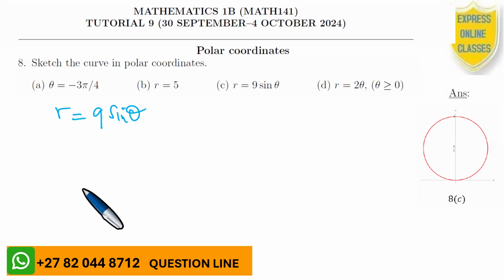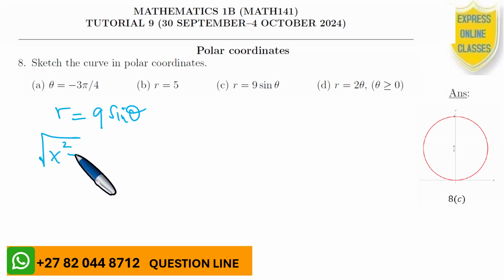We actually can deal with this one, but there are a couple of ways to sketch it. How do we get to sketch this one here? We can sketch it by looking at a couple of things.